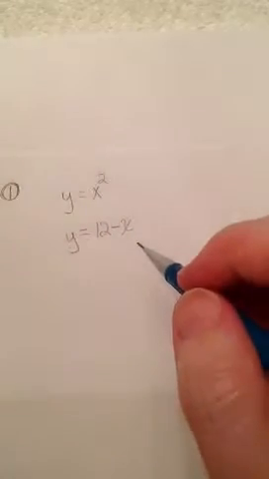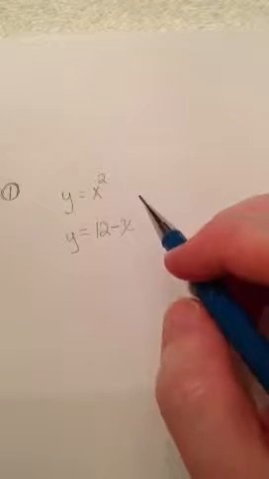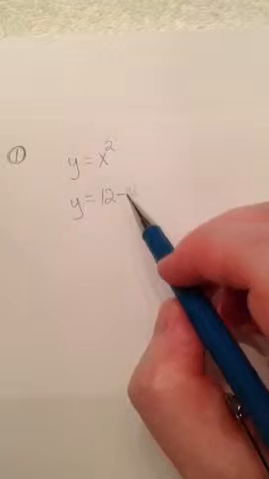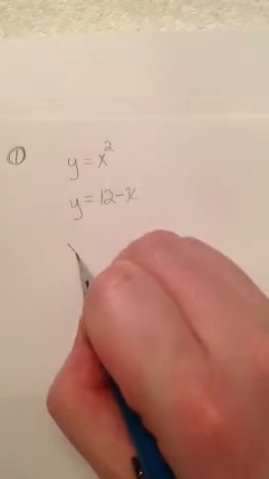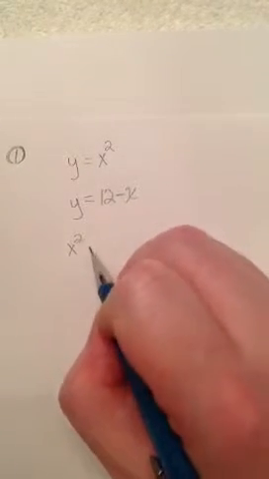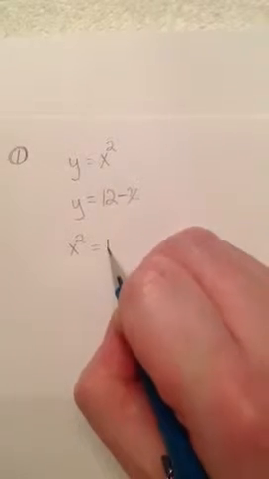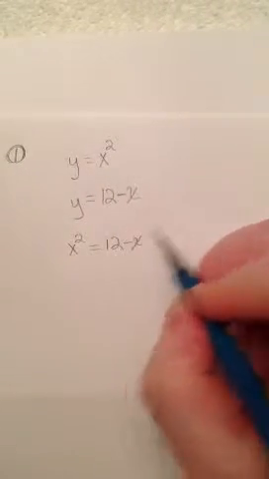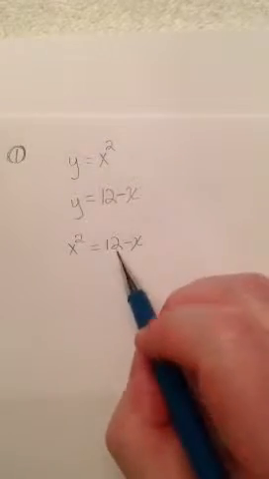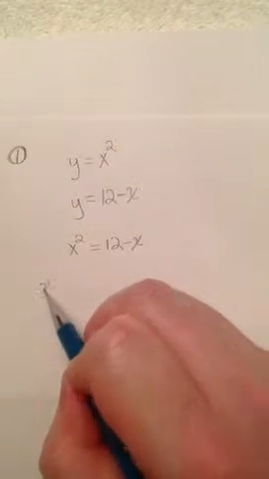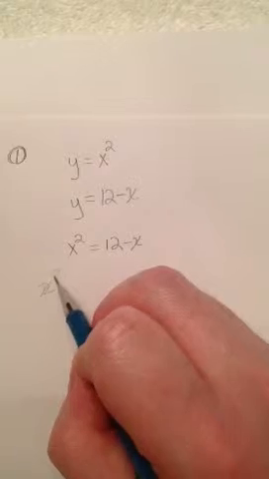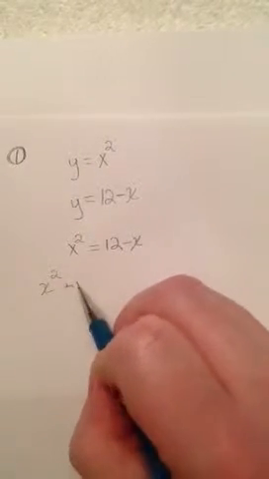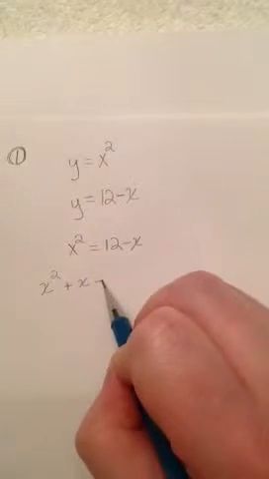And if we look at the locations upon which the graphs intersect, we can set x squared equal to 12 minus x. And then we can solve for x, putting this setup as a quadratic equation in standard form, so we can move the x and the 12 and arrange the terms in descending degree order.